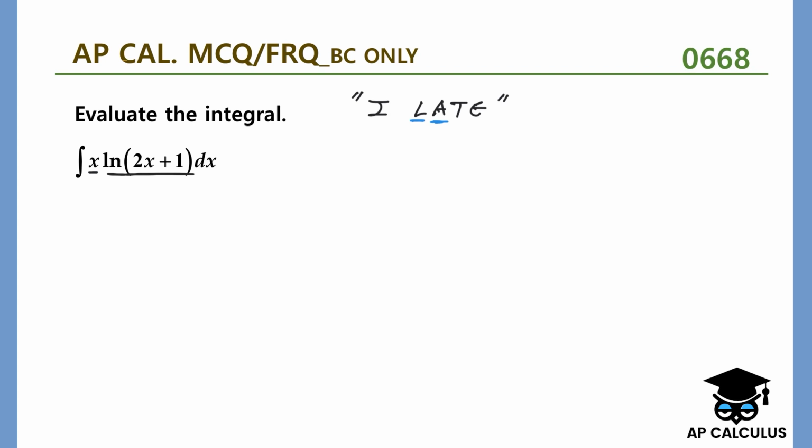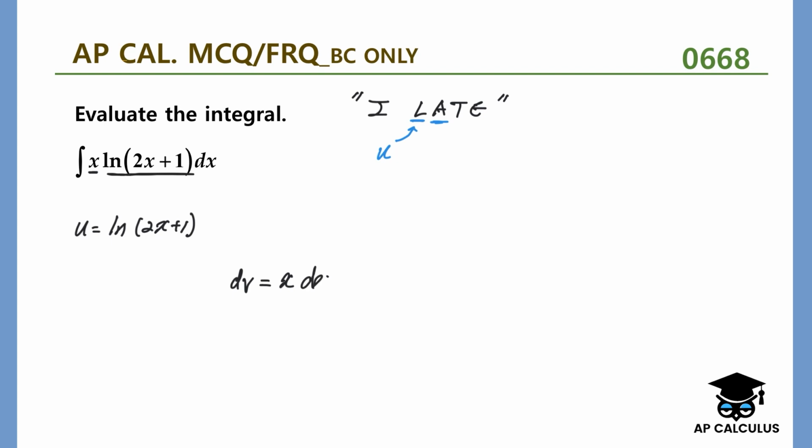So we're going to let u is equal to this logarithmic function, right? So let's try this. So let u is equal to natural log 2x plus 1. dv is equal to x dx, right? If natural log is u, then x dx, that's dv.